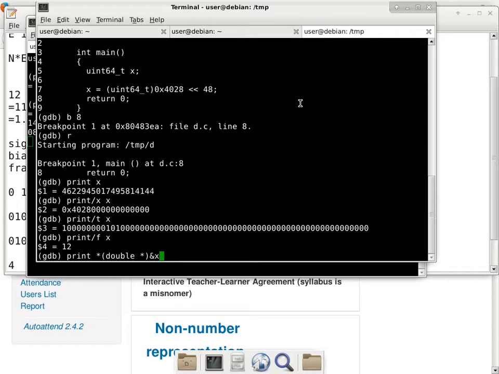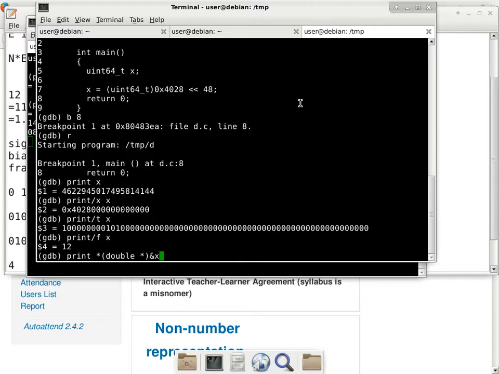Treat this address as the address of a 64-bit double precision floating point number. Now, if I explicitly cast something, the compiler does not question it, because after all, C and C++ were invented by really experienced programmers for really experienced programmers, okay? Which you are assumed to be, right?